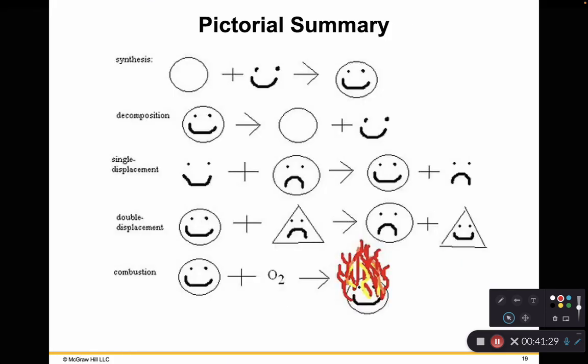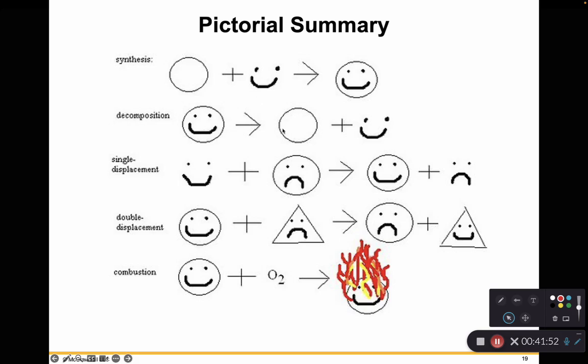Let's summarize what we have learned in today's class. We saw first the combination reaction, and these funny faces will tell us how to read that. Synthesis or combination means you have 2 different simpler substances that you combine, a happy face here, into a complex substance.